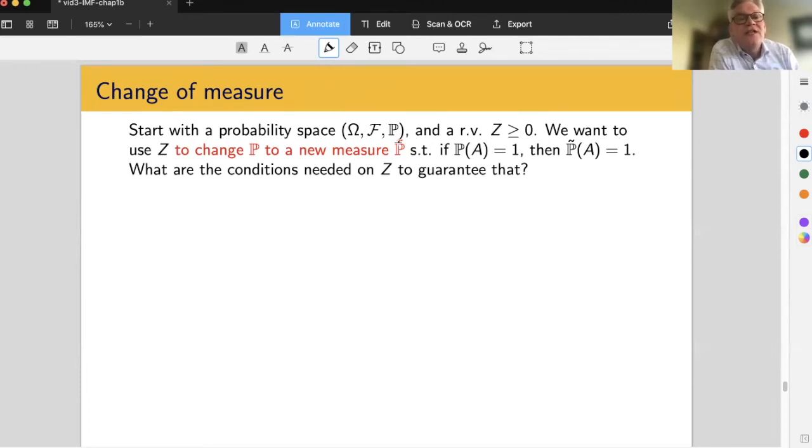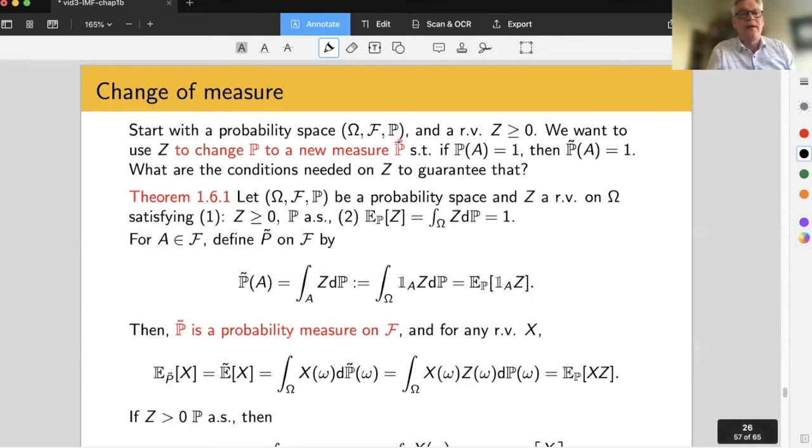So what are the conditions needed on Z to guarantee that? We have the following theorem, theorem 1.6.1 in the book. Let (Ω, F, P) be a probability space and let Z be a random variable on Ω satisfying two conditions. First of all, Z is non-negative, so Z is larger or equal to 0, P almost surely.